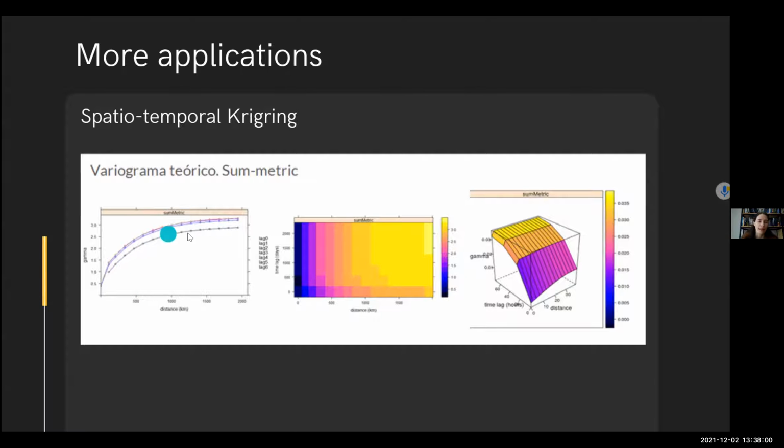So we can have one variogram per time step, or we can have it like this, where I have the distance of the variogram, the colors are the semi-variance, and here I have the time lag. So we measure not only the spatial autocorrelation between distances, but also between time. And then, of course, the Kriging uses this three-dimensional variogram to perform the interpolation, not only in space, but also in time.